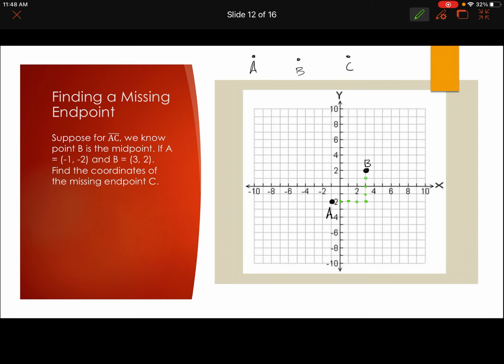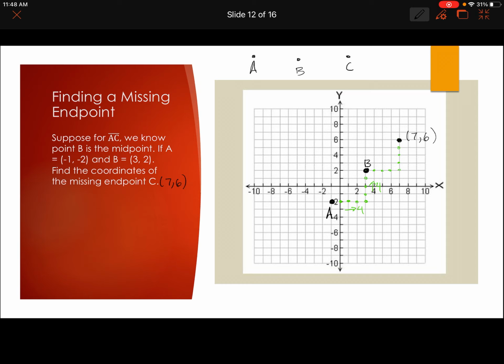So we go over 1, 2, 3, 4, because we went 4 this way, and then up 4 as well, 1, 2, 3, 4. Point C has to be right where we stopped, and that's going to be a coordinate of 7, 6. So now if we go back over here and check, C has coordinates of 7 and 6.